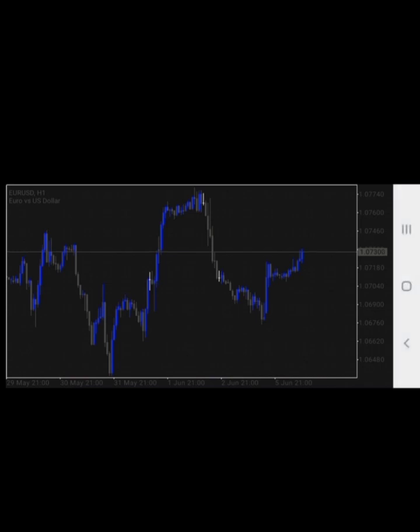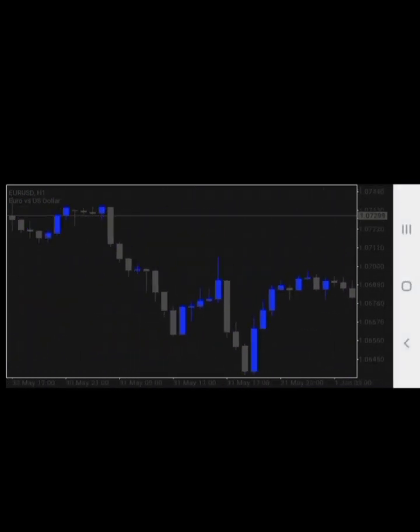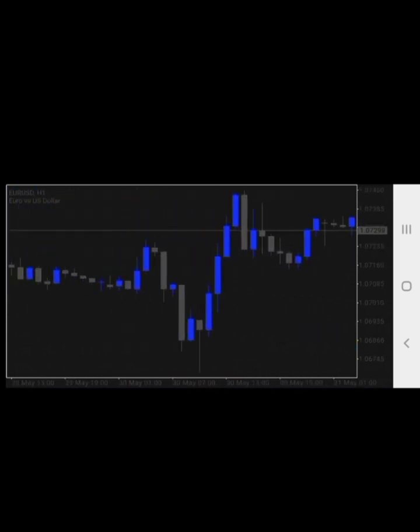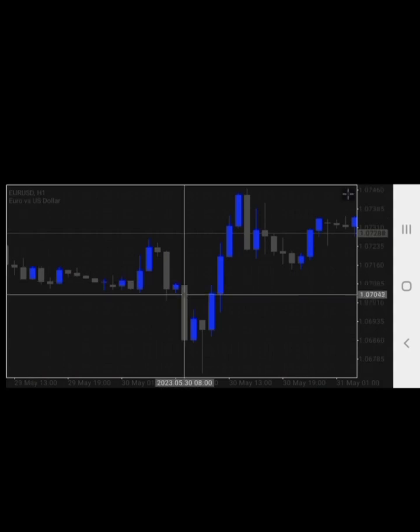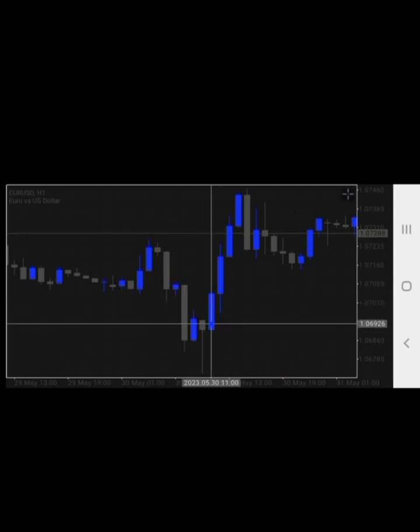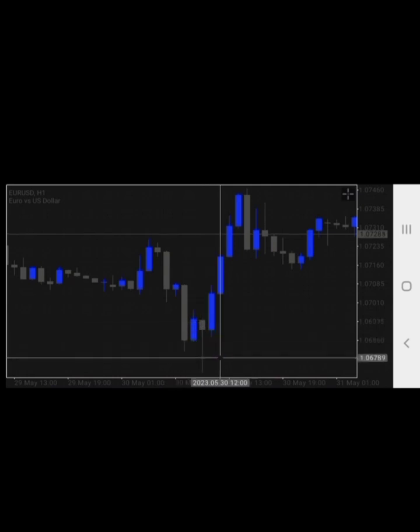When we look at the structure of a candlestick, you have a body, which is this part, the part that is basically colored in, if I can say that. Then you have the wick.